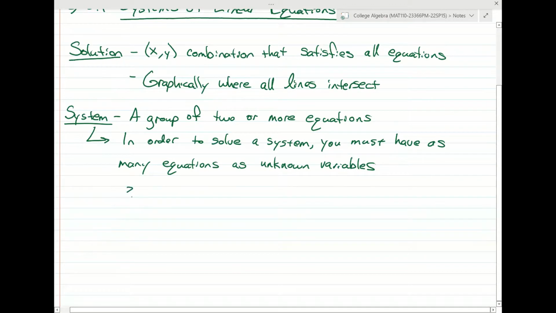What this means is, if you have 3 equations, you need to have 3 variables. If you have 2 equations, you have to have 2 variables. And if there's 1 equation, generally we have 1 variable.